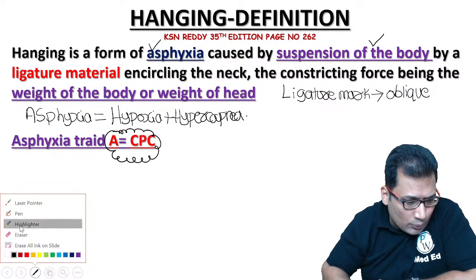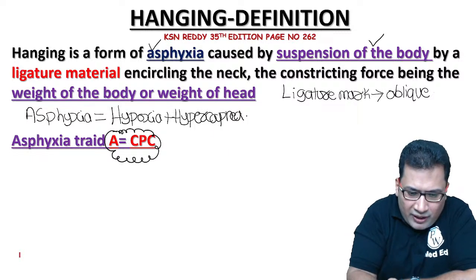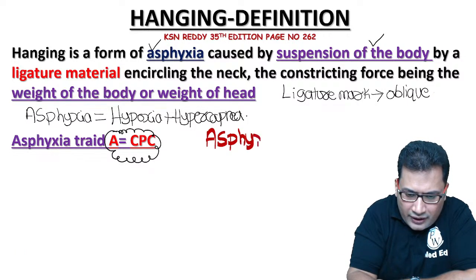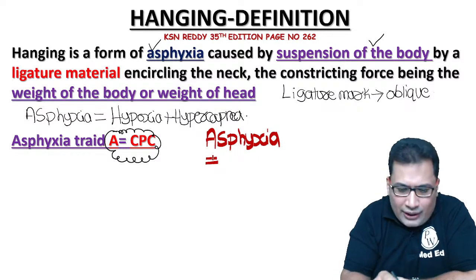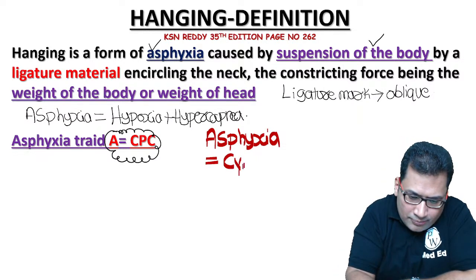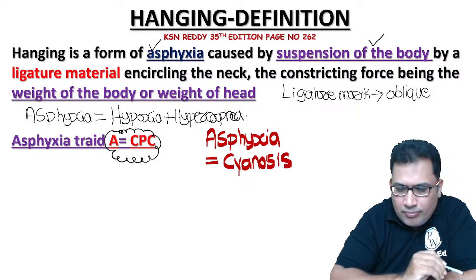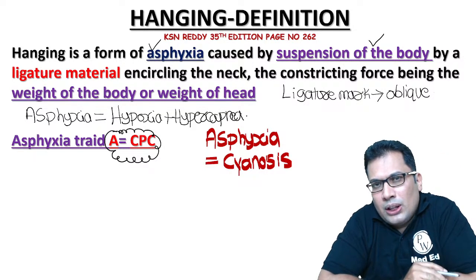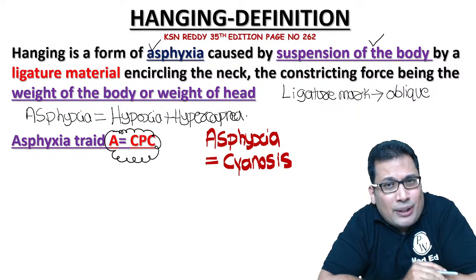Let me explain this. What is CPC? So A for asphyxia. C for cyanosis. What do you mean by cyanosis? Bluish discoloration of the nail beds.